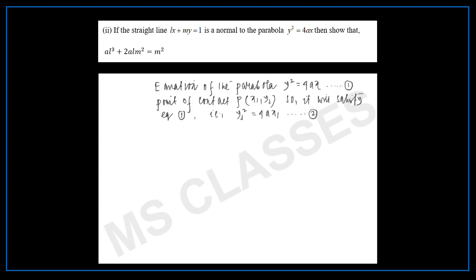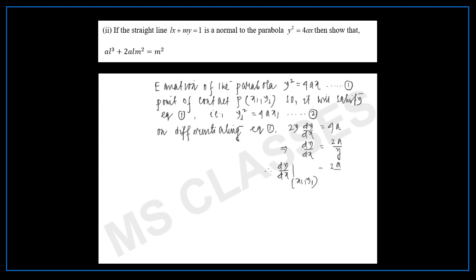Now on differentiating equation 1, 2y dy/dx equals 4a. So dy/dx equal to 2a by y. Therefore dy/dx at (x1, y1) equal to 2a by y1.